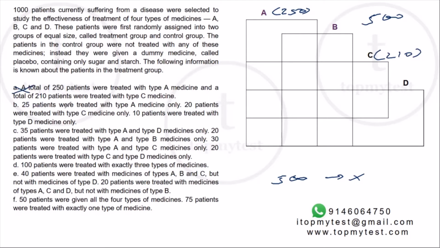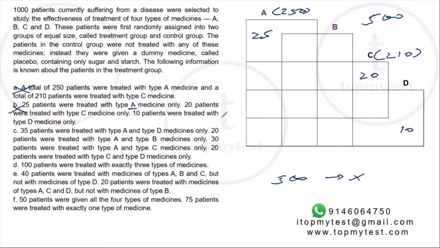Statement B says 25 people were treated with type A only. So 25 type A only. 20 with type C only. 10 with type D only.